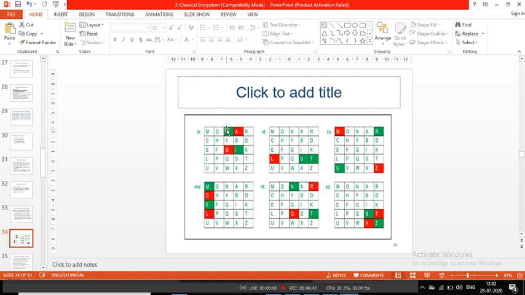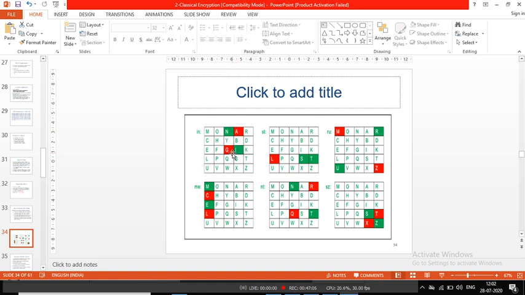What are the other letters which are parallel to I and N? Here is I, here is N. What is common to I and N? A and G. You just draw a box like this.